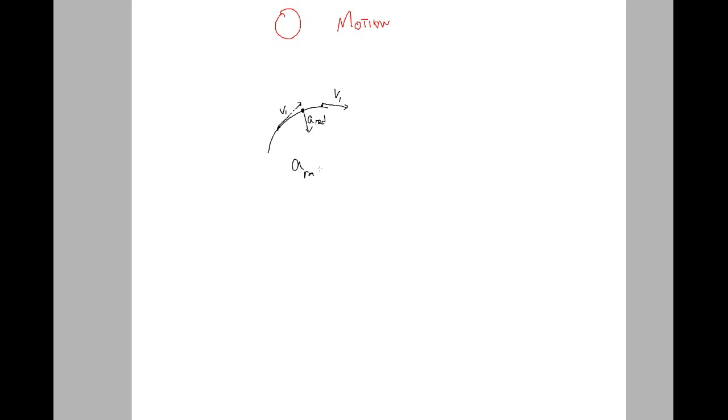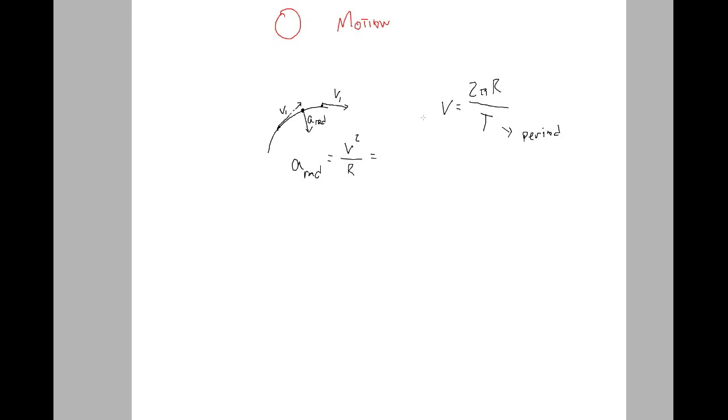We looked at how your radial acceleration is equal to v squared over r, which is the radius of your circle. Now, we related the velocity to the distance over time. Well, distance is 2 pi r for the radius of a circle, and time we called capital T. That stands for the period, or the time it takes for one revolution.